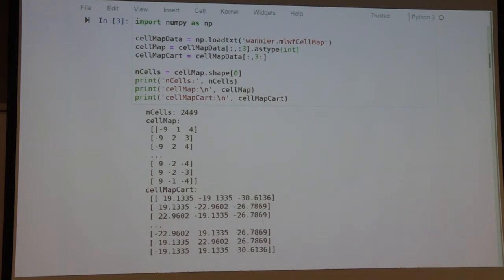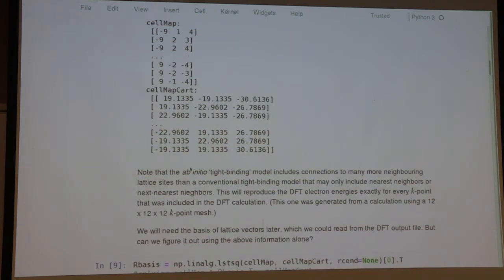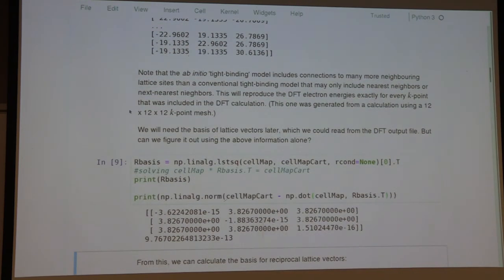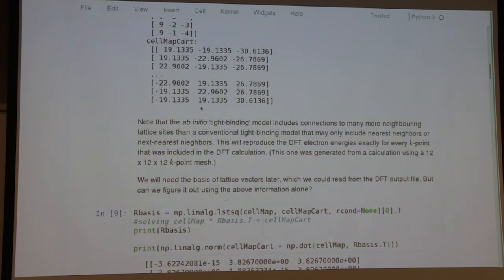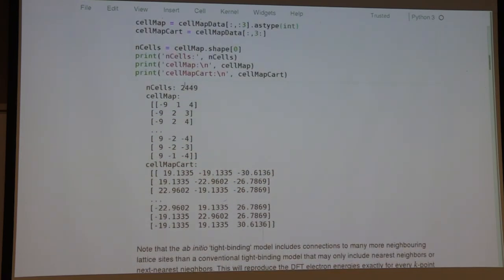In particular, this Hamiltonian was generated from a DFT calculation which did a 12 by 12 by 12 sampling of that Brillouin zone. So effectively, this is capturing interactions up to 6 lattice sites away in a Wigner-Seitz cell shape. So with some symmetry additions and so on, that turns out to be these 2400 sites.